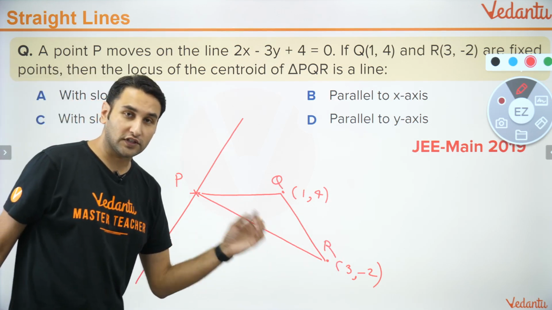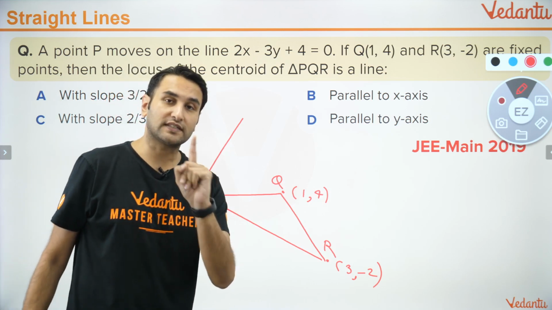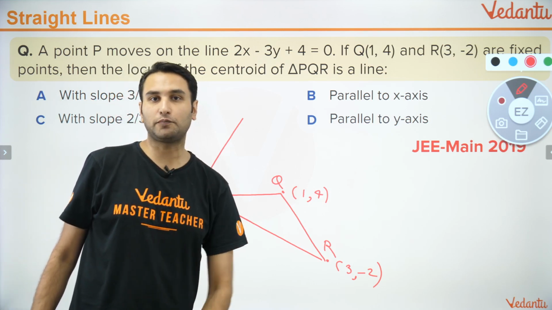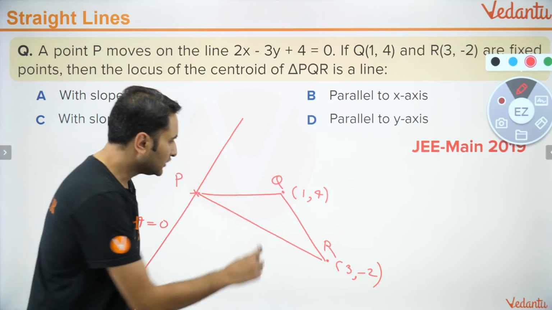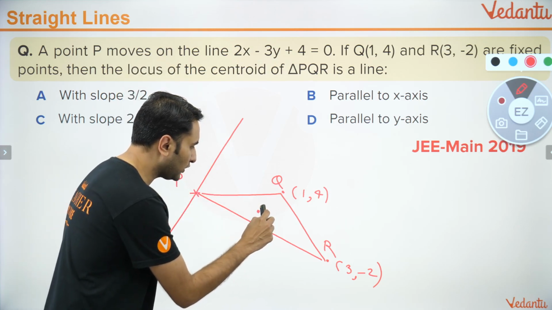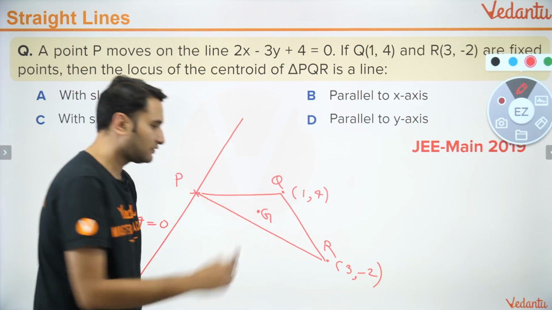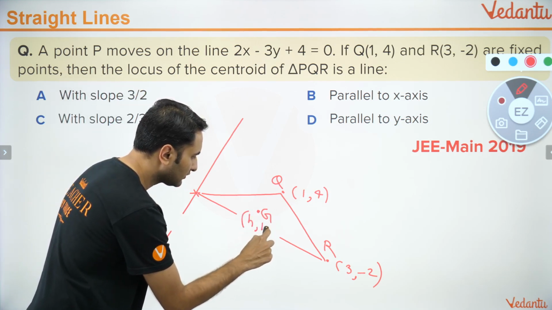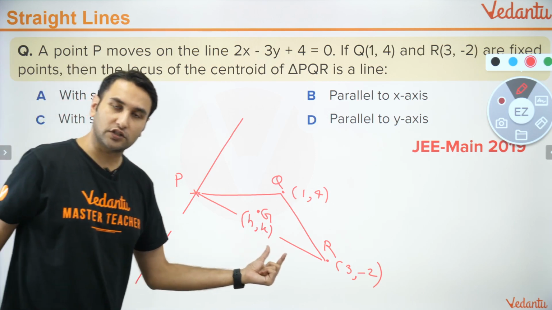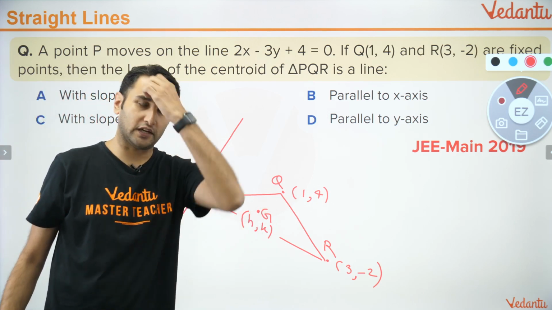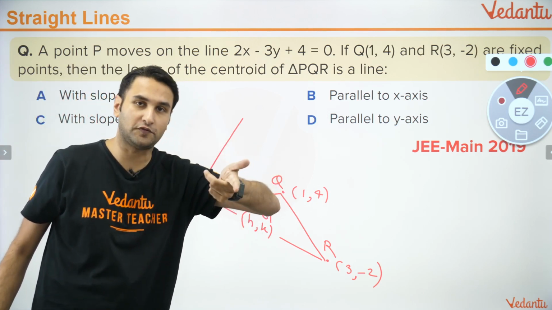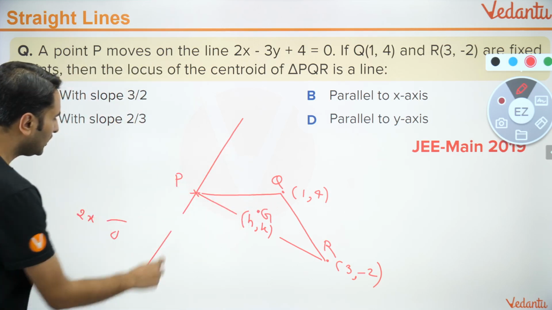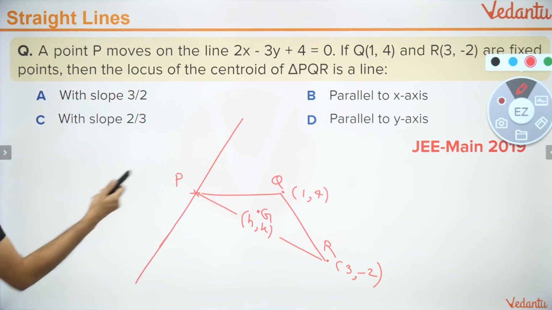Alright? बच्चों जिसका भी locus चाहिए होता है ना, take that point as h, k. Let this centroid G be h, k. Whatever point whose locus is to be found, always take that point as h, k. Now what can I do? देखना.